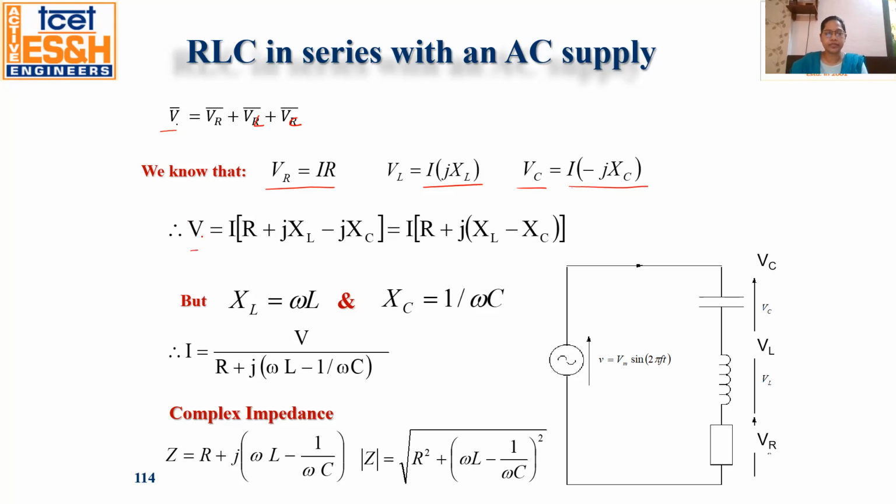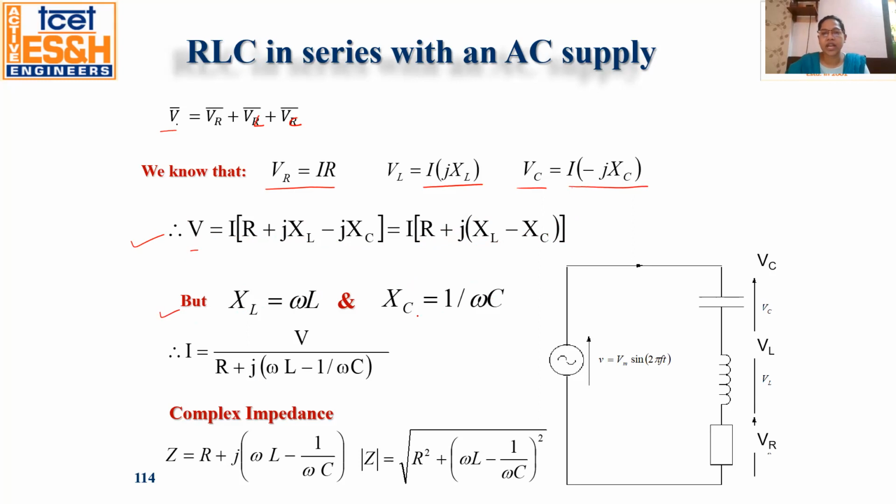Here V is equal to I multiplied by (R plus jXL minus jXC). You can also represent it as (R plus j(XL minus XC)) multiplied by I, which is the total voltage.